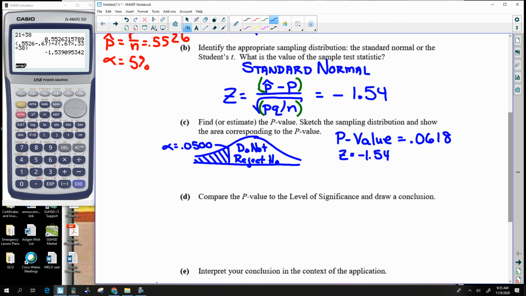Taking a look at my p-value, it is 0.0618. 0.06 is bigger than 0.05, so its distance from the edge will be larger, and so my p-value falls up here, bigger than alpha. And so its distance from the edge is larger than the alpha.